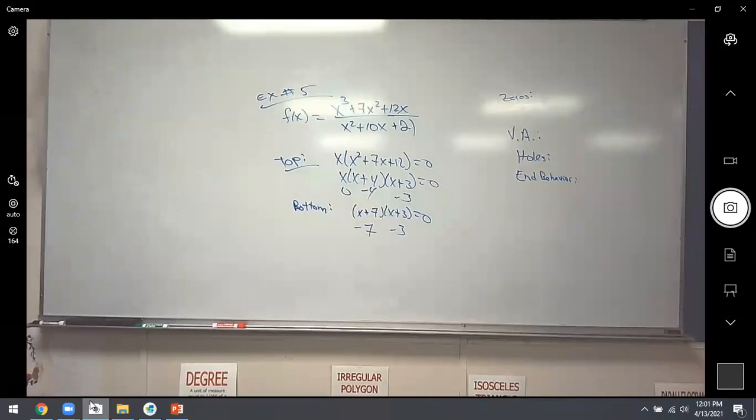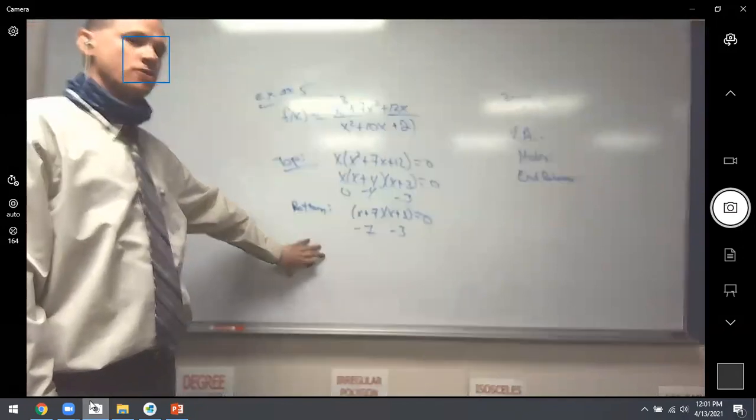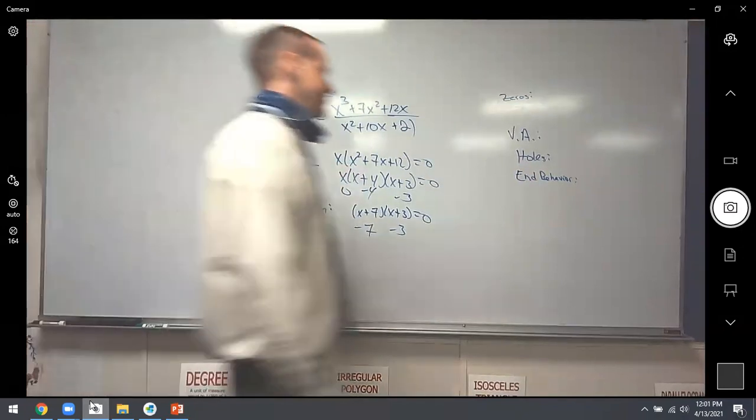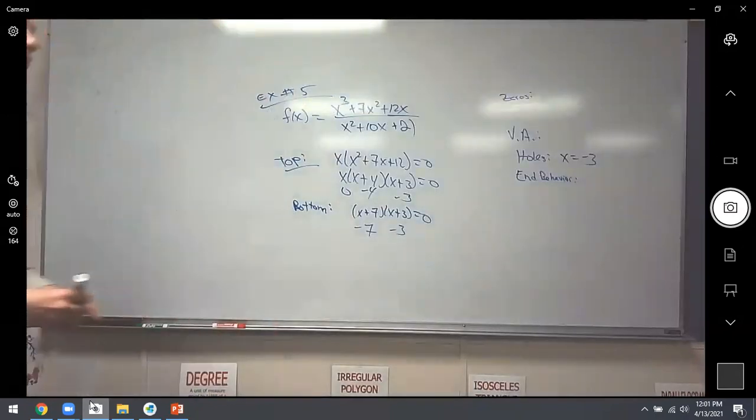Is there a number that makes the top and bottom 0 at the same time? Yes, -3. So when that happens, don't tell me -3 is a zero. Don't tell me -3 is a vertical asymptote. If they have something in common, that is a hole. So write that down. If there's a number that makes the top and bottom 0, that's a hole.